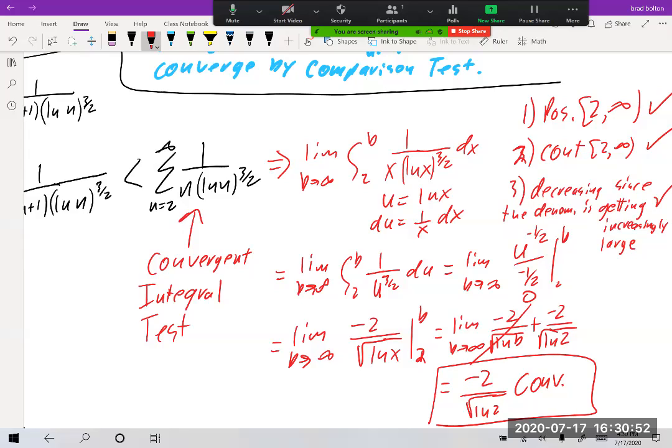And I need to see the answer you get. Don't just say convergent by integral test because I think it is. You got to show me that you found the actual convergent value.